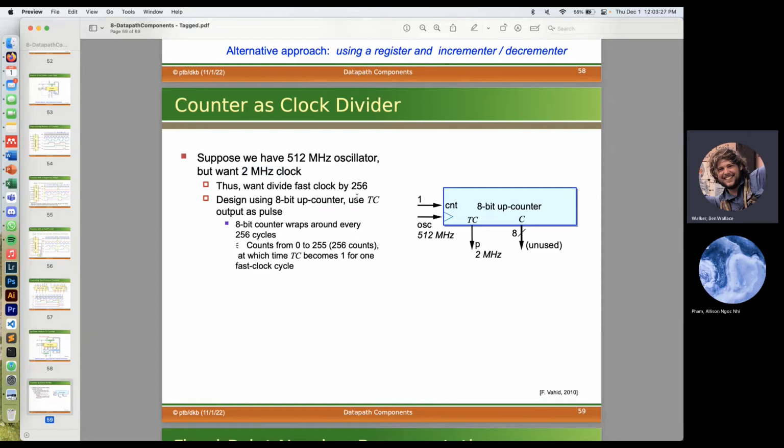So if you want to divide this by 256, we're going to use an 8-bit count-up counter, which would divide by 2 to the 8th. So this is using 8 divide-by-2 dividers. Or it's counting up to 255 every single time. So different ways to look at it.